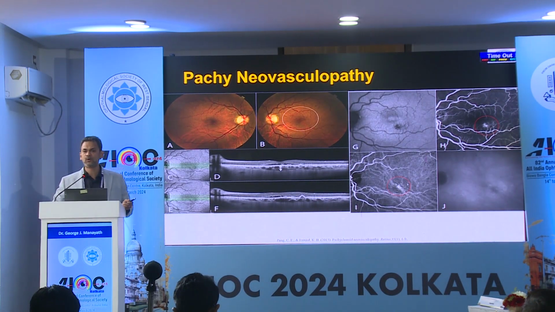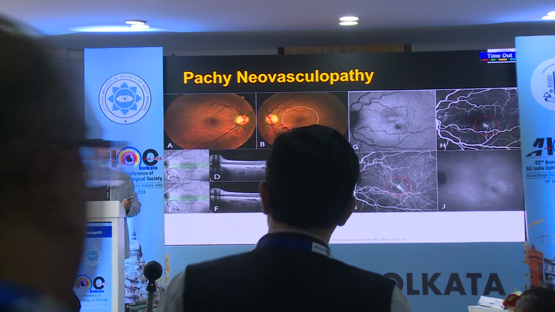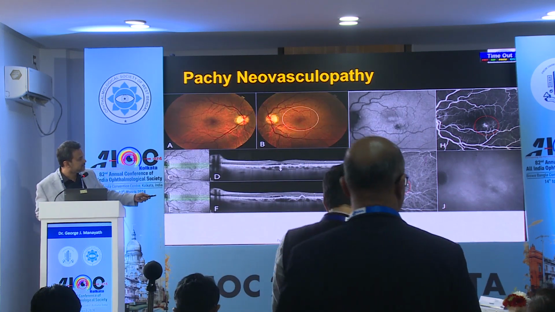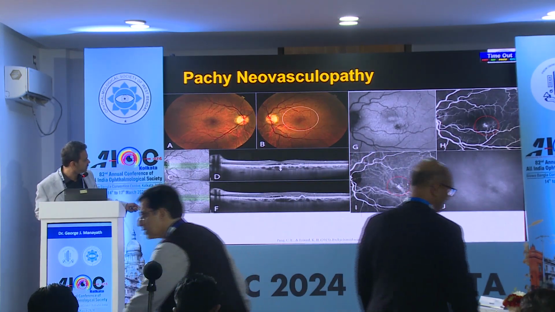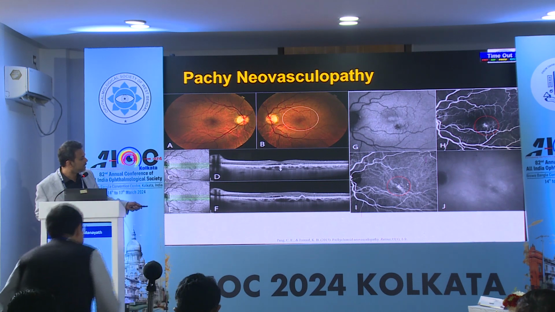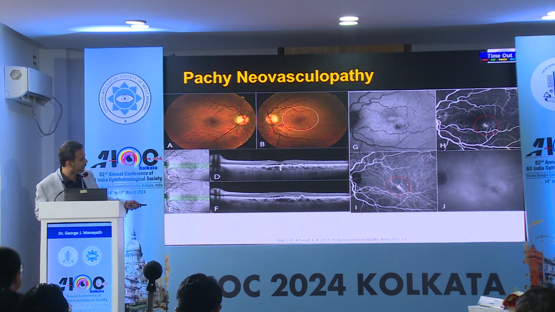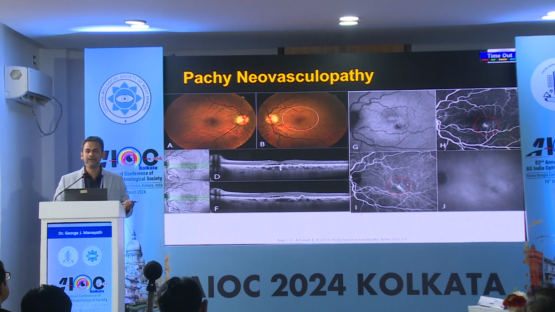Pachy neovasculopathy is another entity in the pachy spectrum, where we see an occult CNVM or type 1 CNVM with a shallow irregular PED, but in a hyperpermeable thick choroid, and you see a hot spot on ICG angiography. This is a typical pachy neovasculopathy situation.